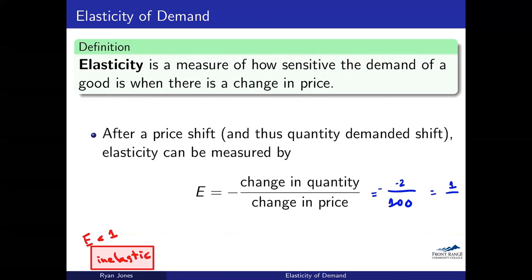You're seeing 1 over 50 here if you simplify that. So when you end up with E less than 1, which means inelastic, that's saying that a change in price does not really affect the change in quantity that much at all. You can change this thing by $100 and the amount sold doesn't really change.